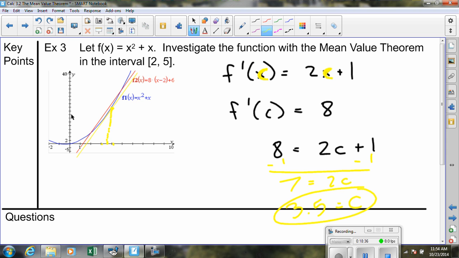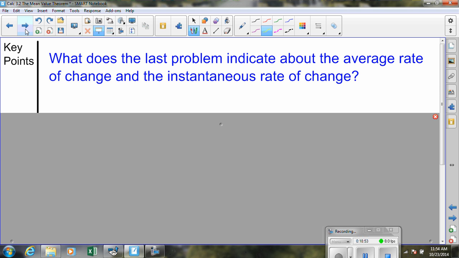Intuitively, that should kind of make sense, because remember when we were doing our tangent, how we talked about the limiting process, how you drag it closer and closer and closer until there's only one point? The mean value theorem gives us a tool for possibly finding where that one point is. Now this is a piece that I said before, it's really important to understand, so here's the question.